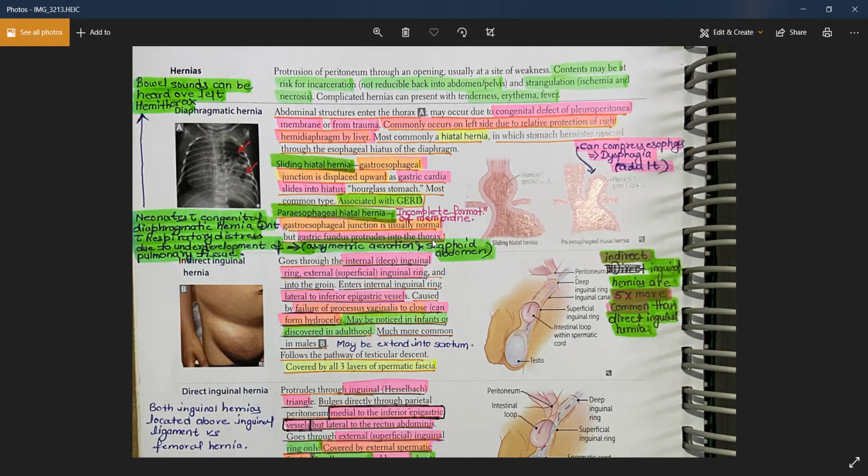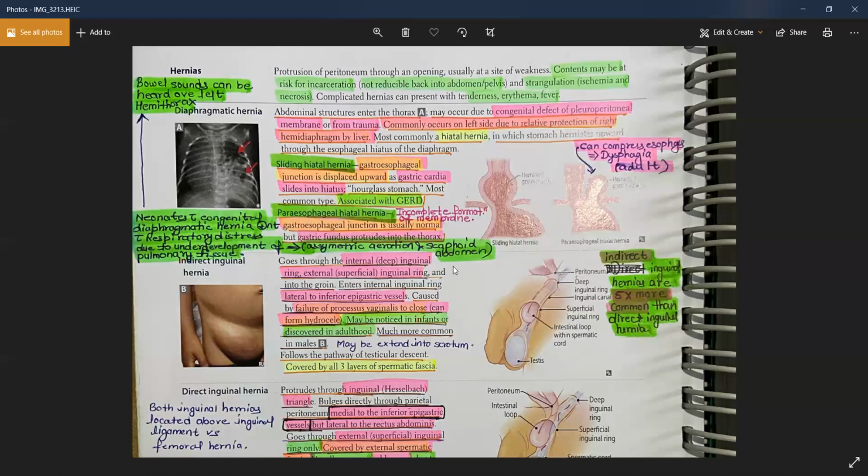Whenever you have malnutrition, you can have a scaphoid abdomen. So don't forget about this. You can see this in malnutrition cases, and in case of tumor, where you have weight loss because of the tumor, it can lead to a scaphoid abdomen.